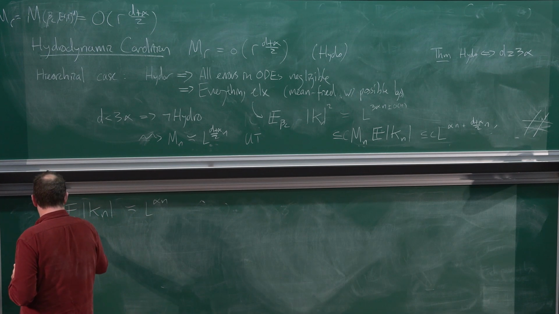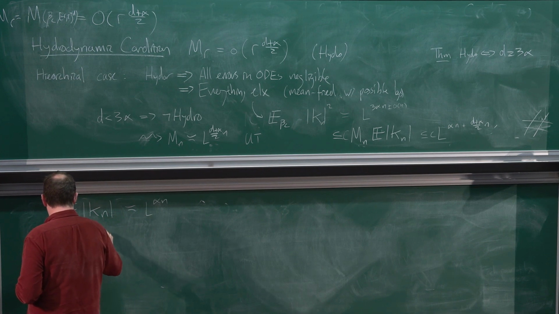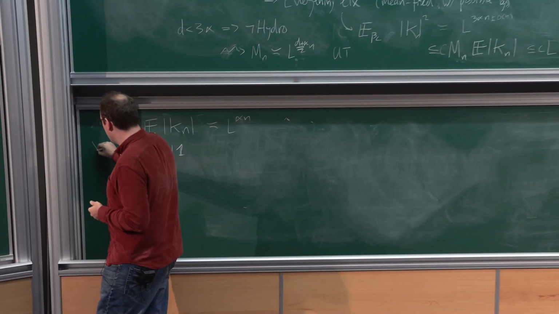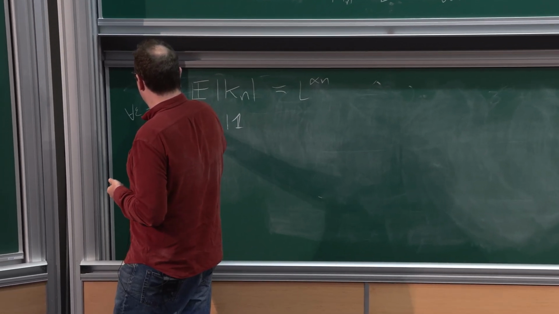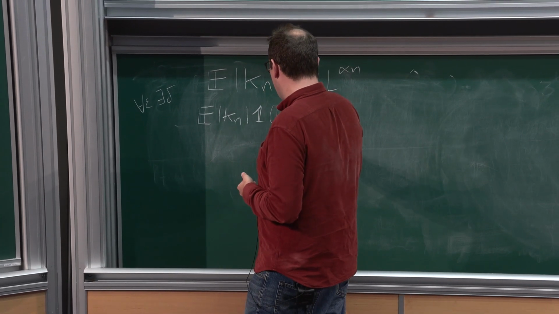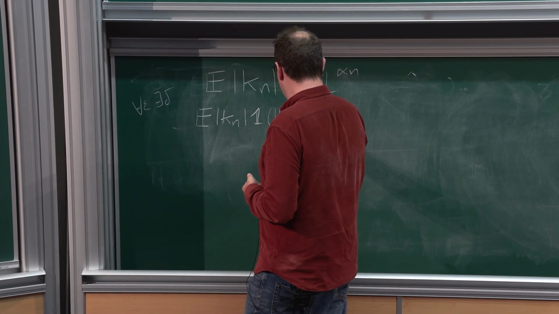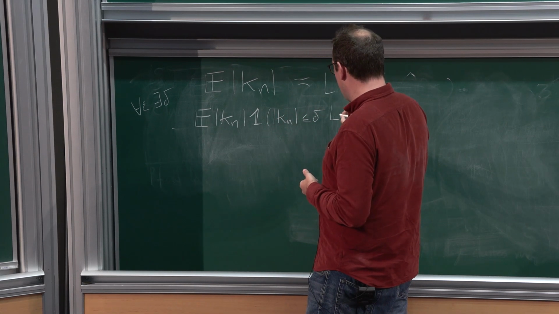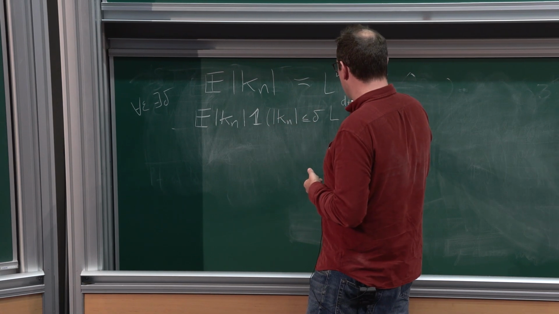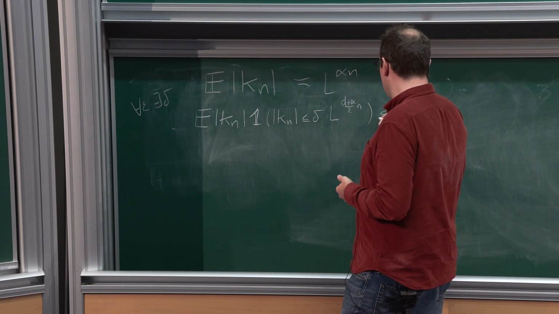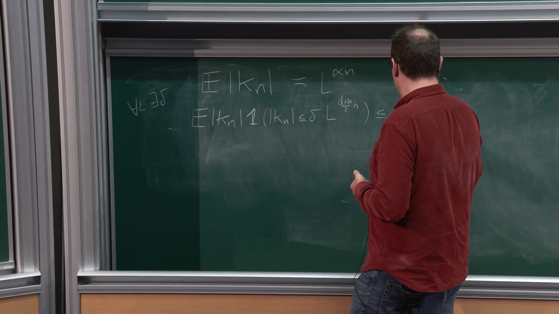And what the theorem, the sort of rigorous hyperscaling theorem, says is that for all epsilon, there exists delta, such that if I restrict the cluster to be smaller than delta times this characteristic size, then it's at most epsilon.